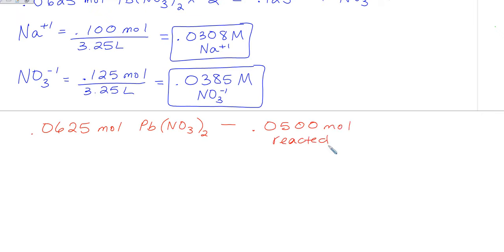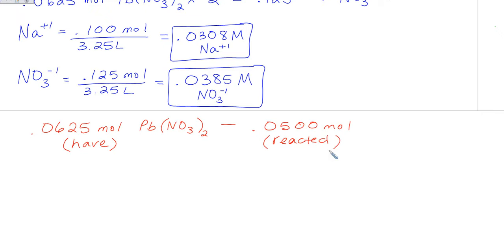A little stinker lead. This is what I have. The difference is the amount excess. This is usually the ion that people will forget about because they don't tell me, hey, calculate the concentration of the following ions in the solution. It just says, whatever's left over, you figure it out.